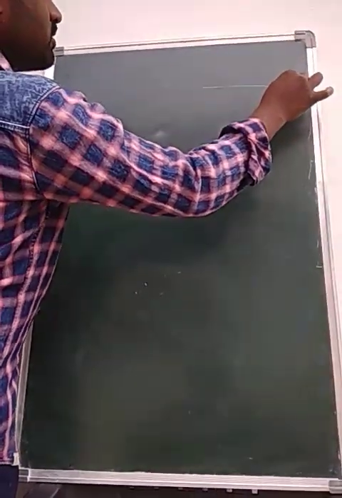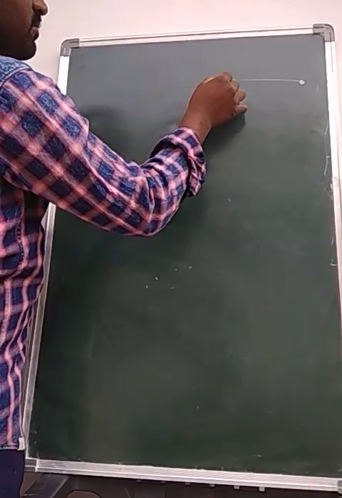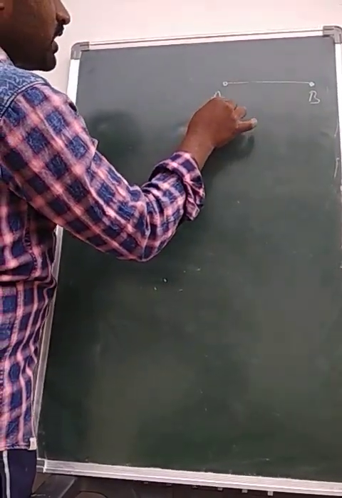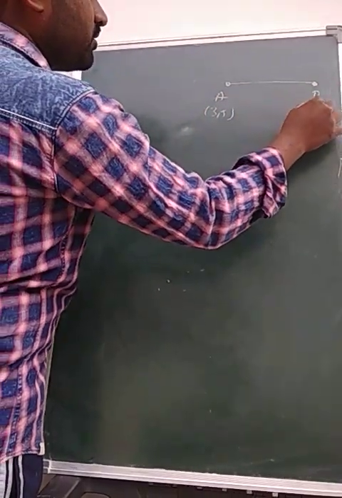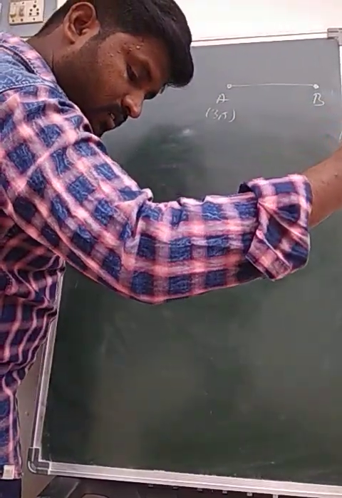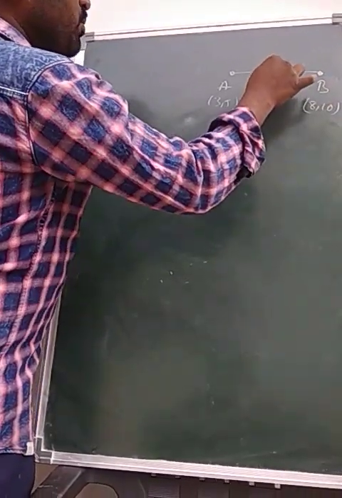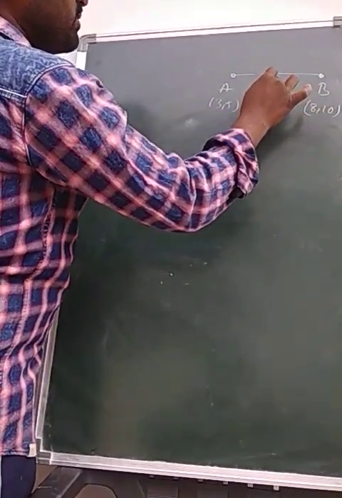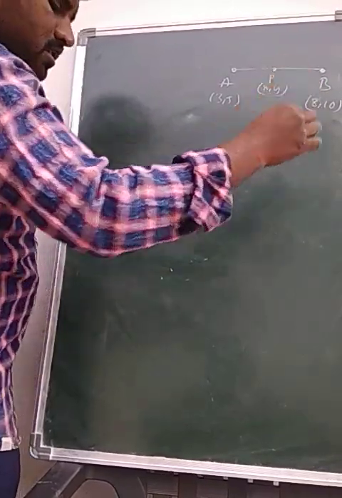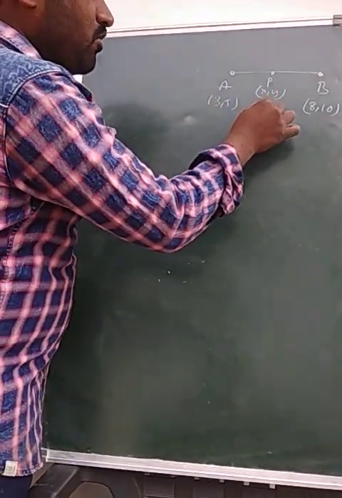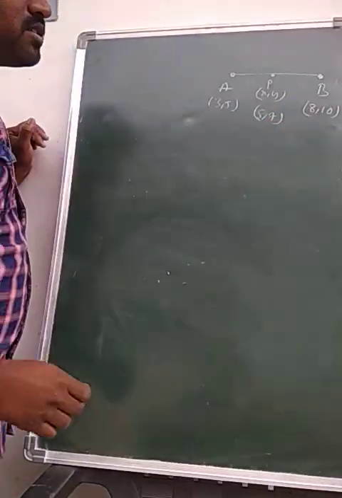in this problem just now given, a line segment AB, A(3, 5) and B(8, 10), and the required point P(x, y), that is, we get (5, 7).